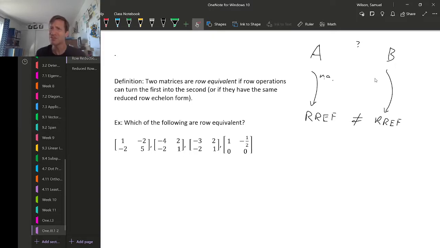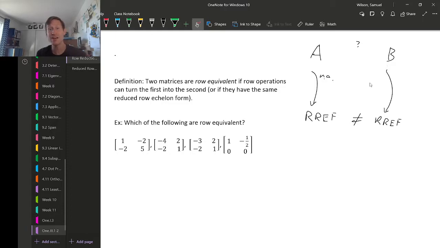And if they have different solution sets, it is going to be completely impossible to turn one into the other using row operations, because row operations do not change the solution set, and so it won't be possible to turn A into B because they have different solution sets.